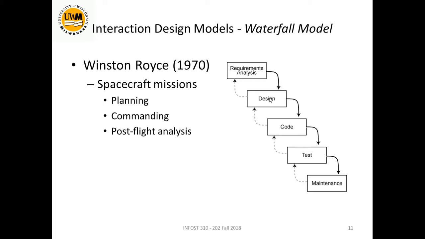Once we get through the design and everything is clear in the design, we move on to the coding. During the coding, we might come back to the design to see that there are changes in the design and so on. Once we code, we move to the testing and then to the maintenance. And it looks like a waterfall. That's where it got its name from.